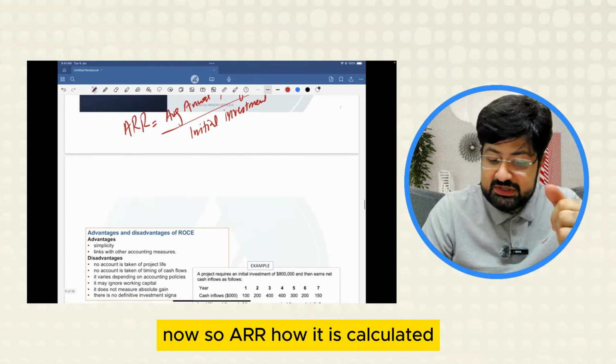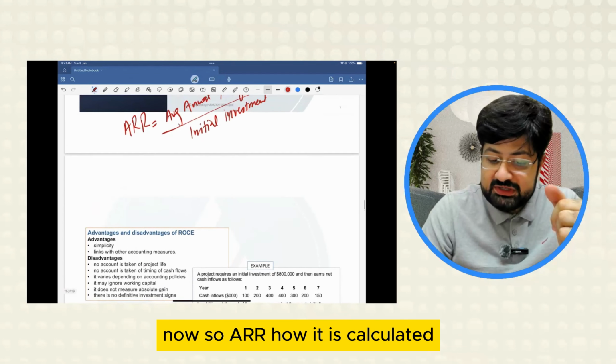Now we need to calculate ARR. The average annual profit we calculate like this: 300 plus 2,500 plus 1,000, divided by 3. That is around 1250.